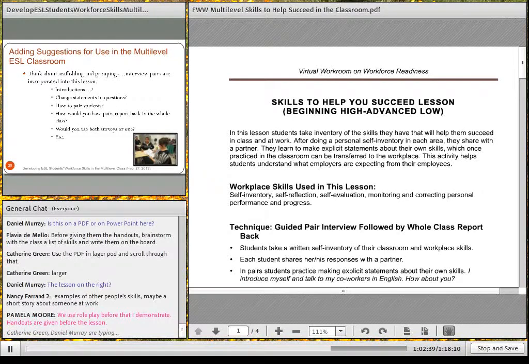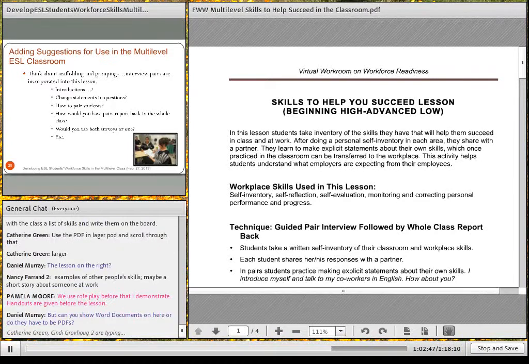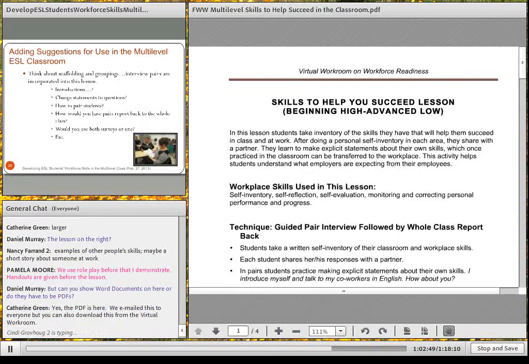All right, and Nancy is saying, I think she means students give examples of other people's skills, maybe a short story about someone at work. Maybe they could offer their own experience at work. Okay, the PDF is here. We emailed this to everyone, but you can also download this from the virtual workroom.